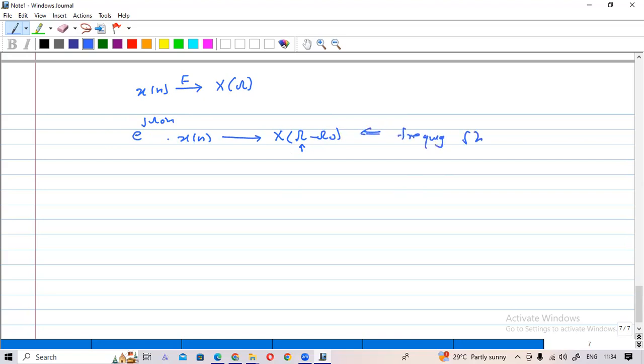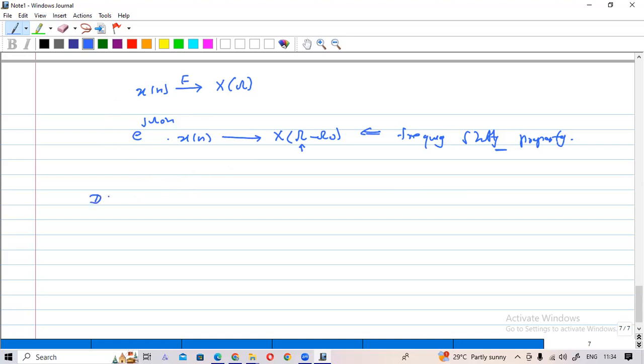This is a standard property and a standard proof exists, but here use the definition of the discrete time Fourier transform.